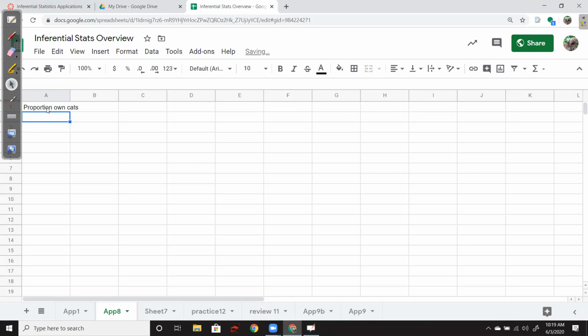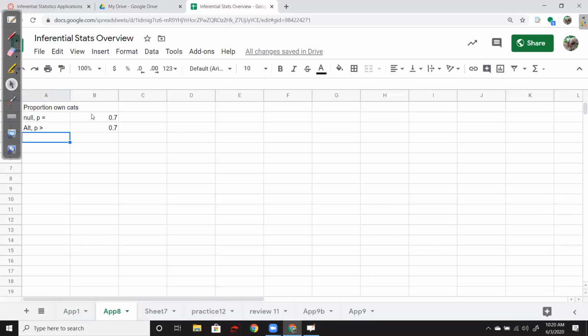I have the null hypothesis, which is P equals 0.7. And I have the alternative, which is P is greater than 0.7.